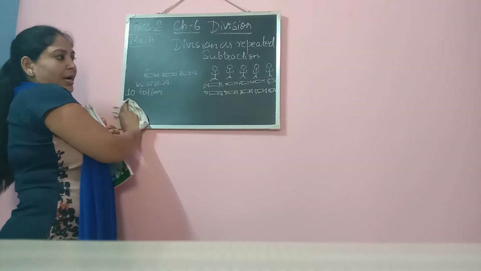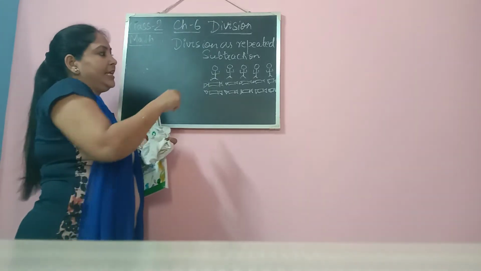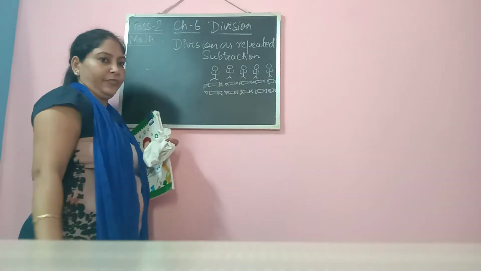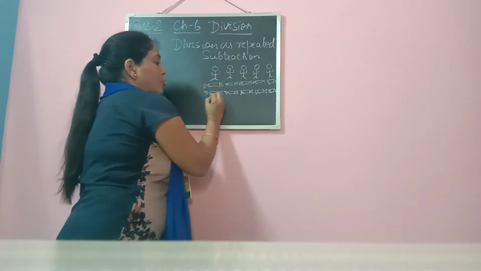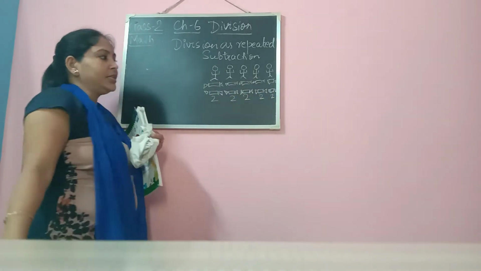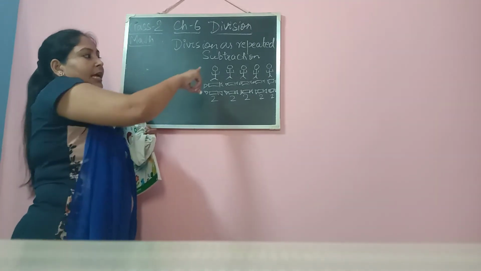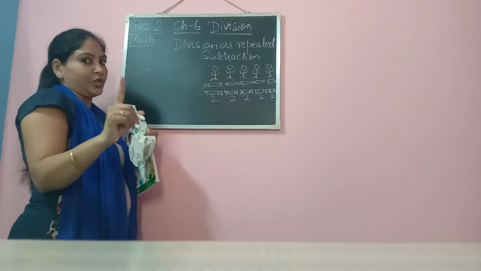Now, how many toffees do I have here? I have nothing. That means you can see here each child is getting how many toffees? Each child is getting 2 toffees. Right? So equal distribution means every child is getting 2 each.